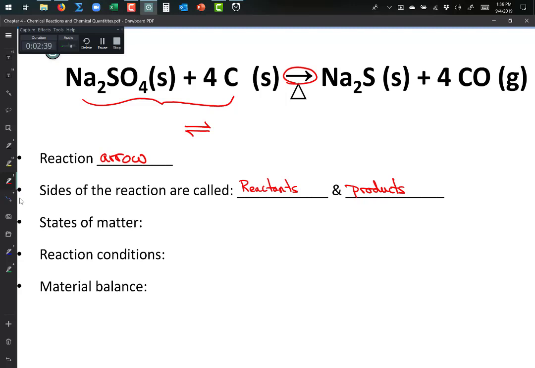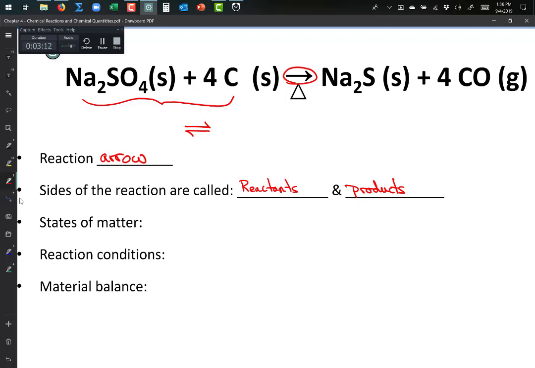In this reaction, if I used one sodium sulfate compound on the left, I would get 4 carbon monoxides out. So in addition to telling us the reactants and products, it quantitatively tells us how much reactant is used to make how much product, or how much reactant is used for every other reactant.